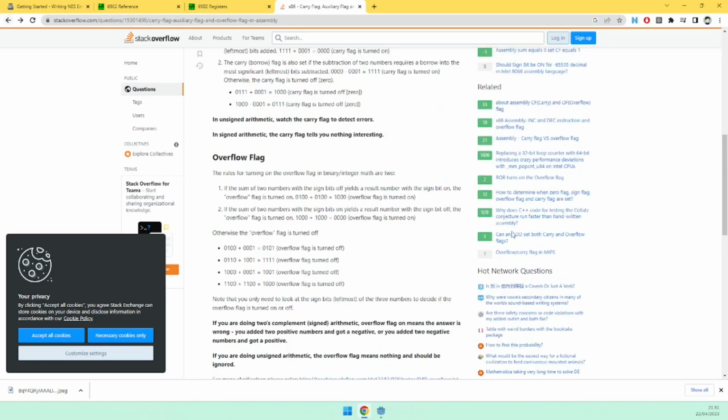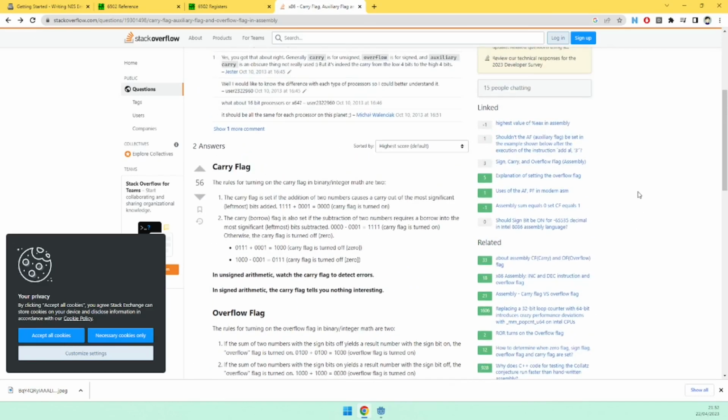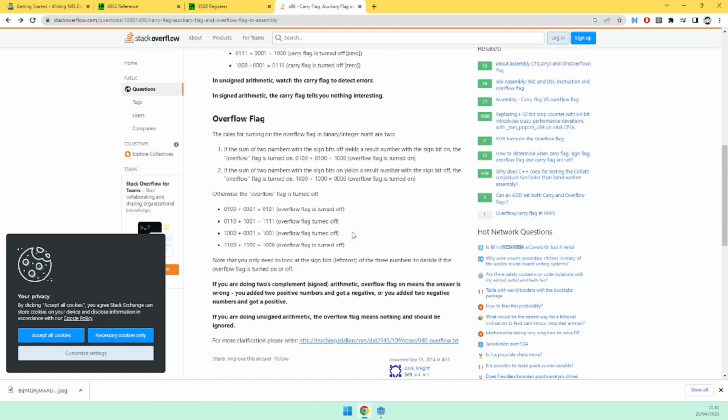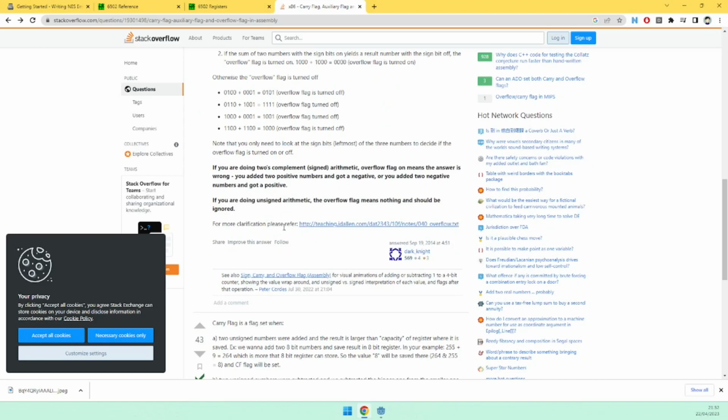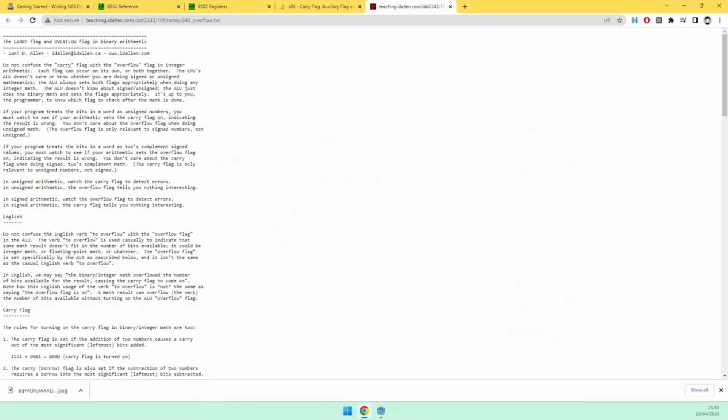So this one, they are trying to make him not look at the flag. Each flag can occur on its own or both together.